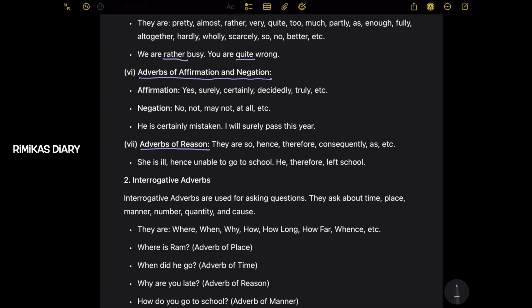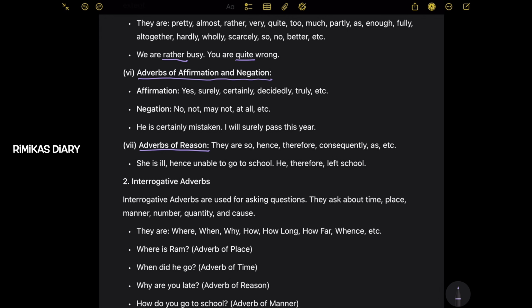Next, adverbs of affirmation and negation. Affirmation: yes, surely, certainly, decidedly, truly, etc. Negation: no, not, may not, at all, etc. Here, affirmation means a positive statement.